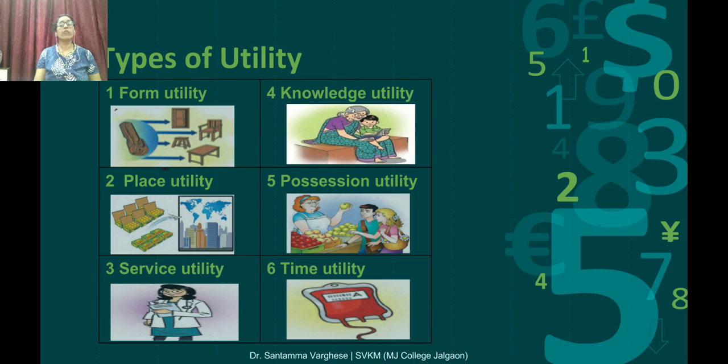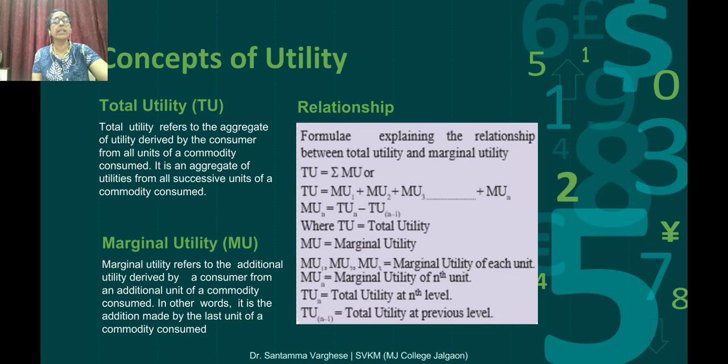Now, the types of utility we studied are six. How many types of utility are there? Form utility, place utility, service utility, knowledge utility, possession utility, and time utility. So these are the six types of utility. Now while studying utility, there are certain concepts which we have to study, the concept of utility. In the next slide, we can see the concept of utility. Why are we studying the concepts of utility?